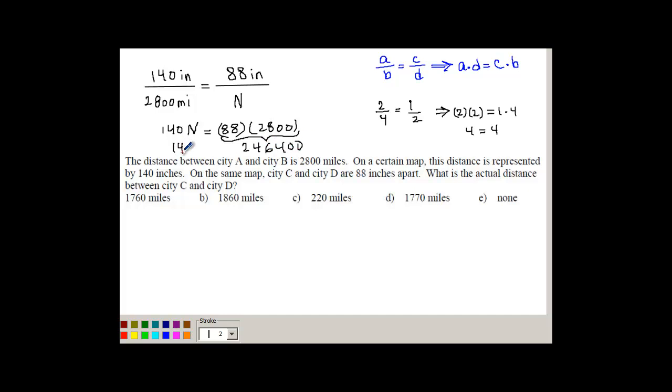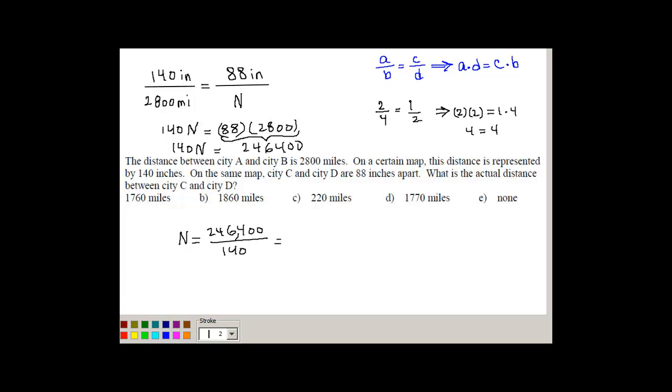I can divide both sides by the coefficient of n, which is 140. So n would be equal to 246,400 divided by 140.